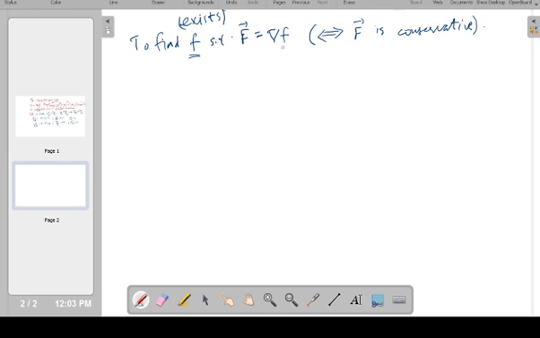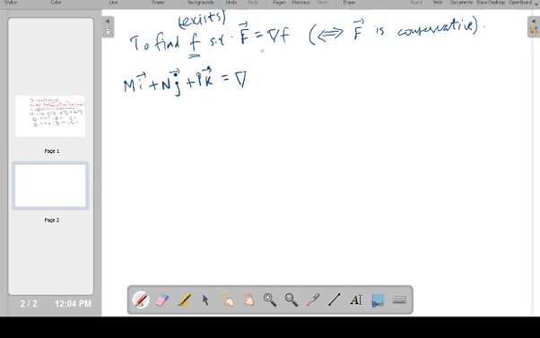I have to find the antiderivative of capital F. So what is F? F is e to the power x cos y plus yz times vector i. That is my M, Mi plus Nj plus Pk. M, N and P are given to you, and that is equal to del of small f. What is del of small f?